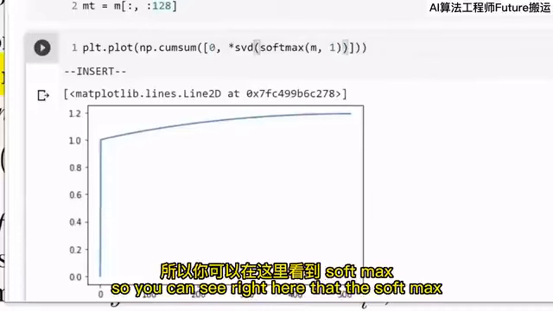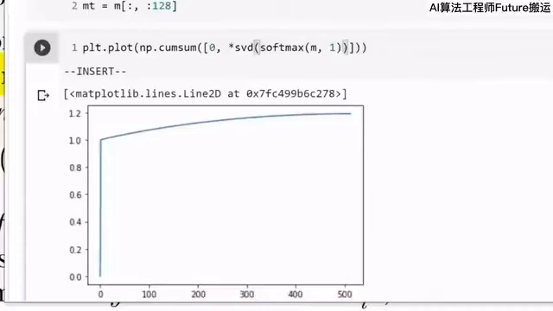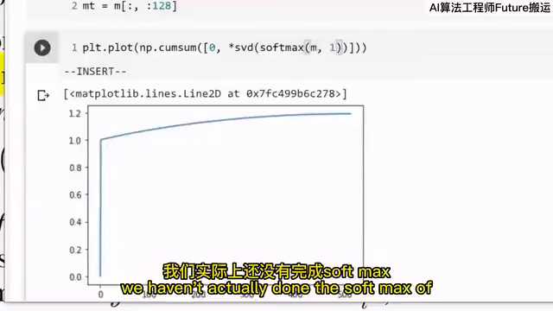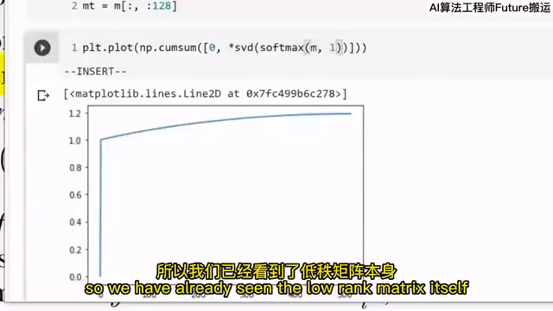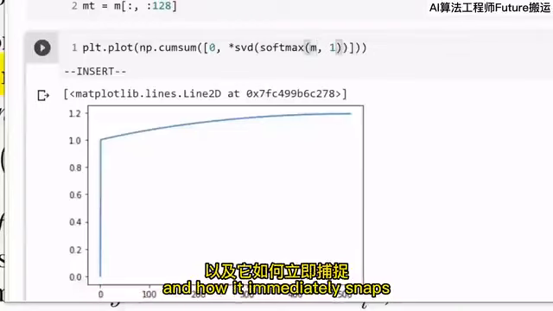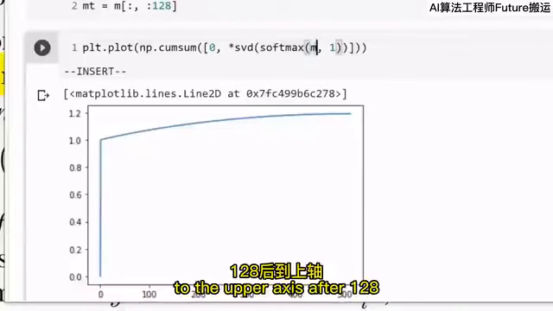So you can see right here that the softmax, we haven't actually done the softmax of a low rank matrix. So we have already seen the low rank matrix itself and how it immediately snaps to the upper axis after 128.